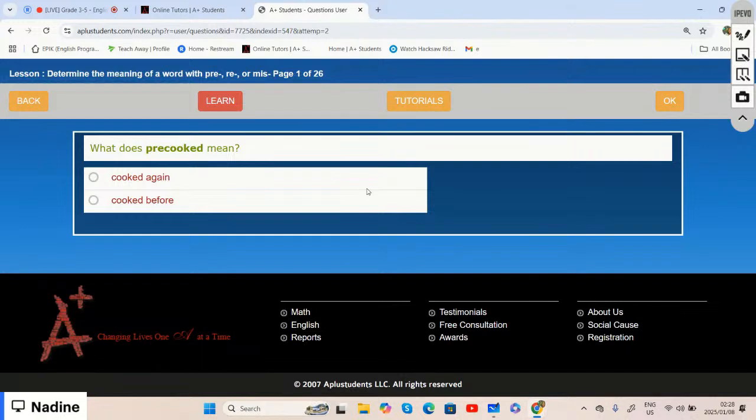All right, so we need to say what does pre-cooked mean? Pre-cooked.